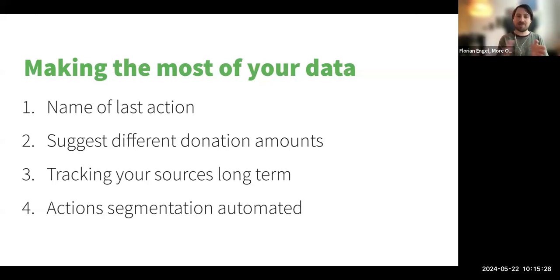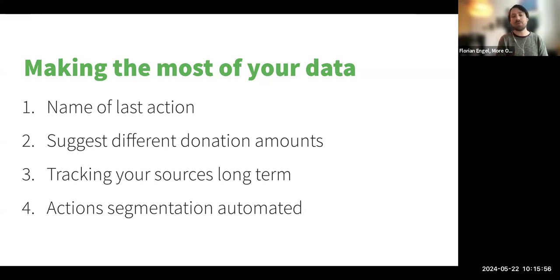So what Impact Stack Next Generation does, and this is an example, is that we save the name of the last action a supporter has taken in a field. So you can drop it into an email and you can write a sentence like, thank you for taking action on the plastics petition the other day. That is a way that you can use Impact Stack data to form more personalized sentences in emails.